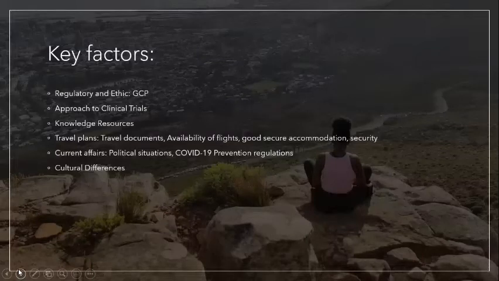Also, something to consider is the cultural differences. You'll notice this when you go to different regions, even in your own country, and in different parts of Africa, our culture is very diverse and different.